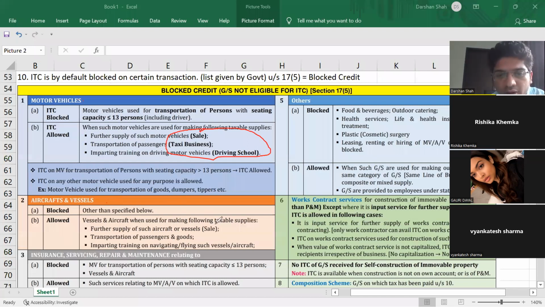So for sale, for trading of aircraft, and for transportation of passengers, if you are into these three businesses, then ITC is allowed on aircraft and vessels. But apart from that, ITC is not allowed on aircraft and vessels. So for example, if I am in the airline industry and I have purchased a plane, will I get ITC on that plane?